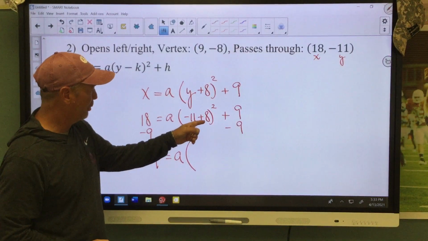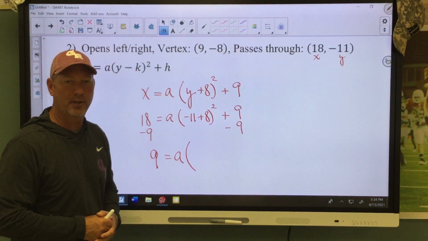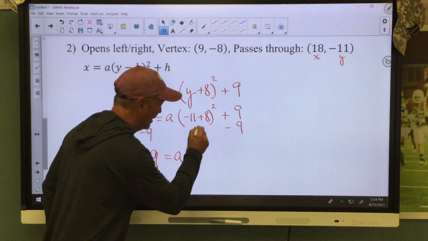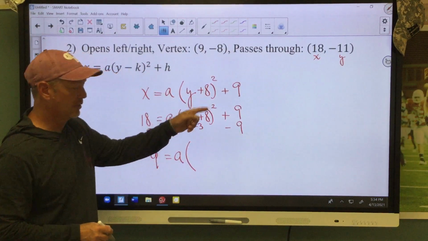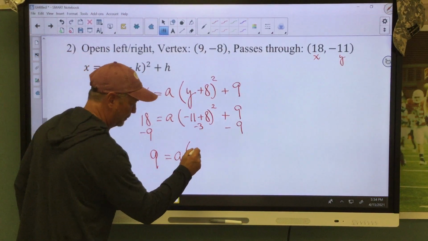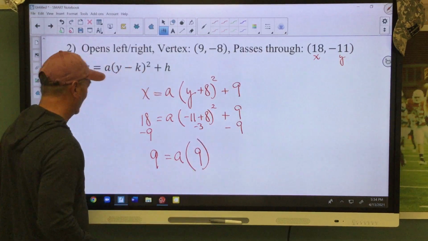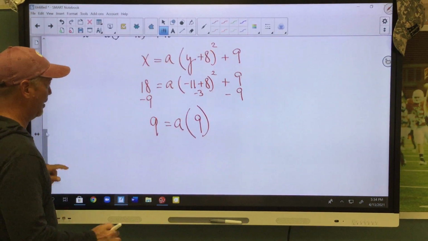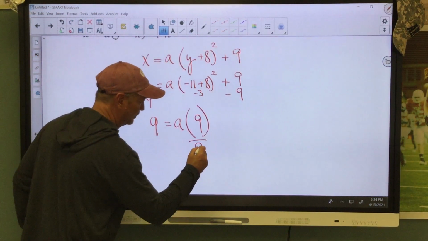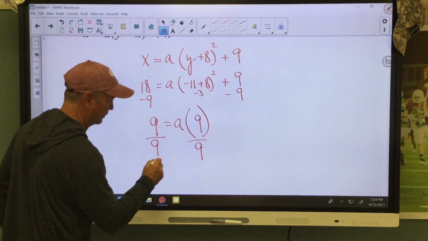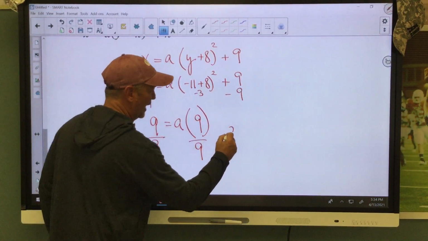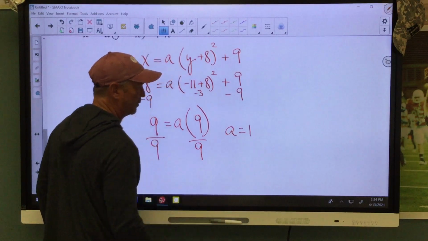Negative 11 plus 8 is a negative 3. Negative 3 squared is a positive 9. So we're going to divide by 9. And we're going to find out that a equals 1.